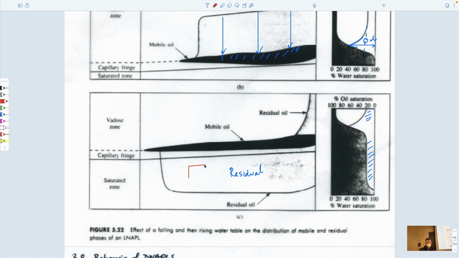In the contact region, where you have fluid sitting at some kind of saturation in here. So what do we think the saturations might be here of the water and the NAPL? Well, if it's a residual NAPL, then the saturation of the non-wetting phase might be 10%, the saturation of water might be 90%.